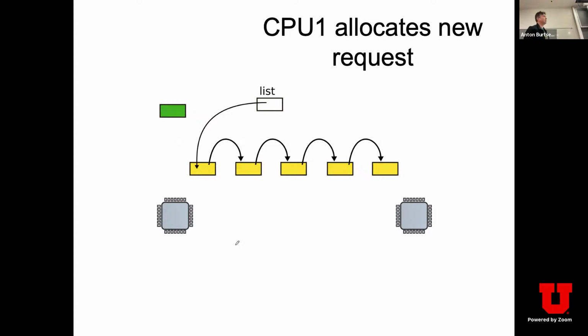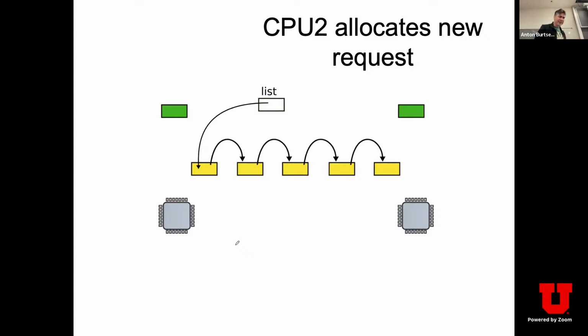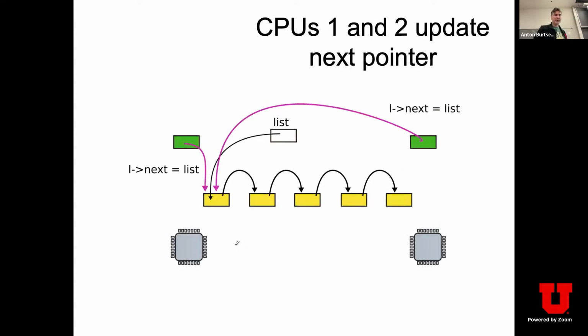It locally talks to malloc, allocates an element. Then CPU 2 at around the same time talks to malloc, allocates an element. They both write their data elements into this list. They arrive at this line which says l next equals list. They read this list variable. Why is it possible? Because it's a global variable.